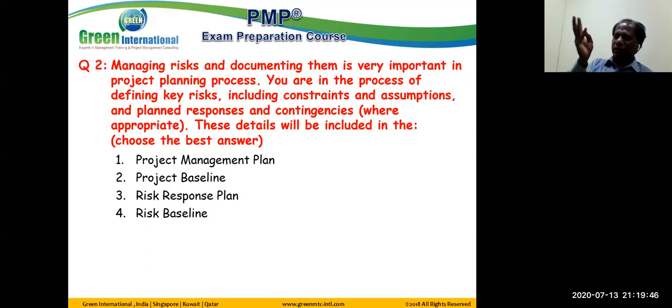It could be from cost constraint, it could be assumptions we made wrong, which could result in a risk. All this is being done. It's part of the risk analysis. But where are we documenting this analysis? In the risk register and the risk report. But where is that risk report and risk register? These are part of the project management plan. So out of the 4 options, the best option is project management plan.